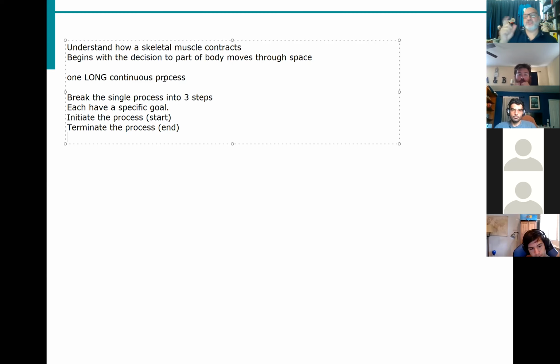One of the ways that we can show that understanding is by understanding what happens when we modify the process. What happens if we remove something or add some toxin or make some other change? And how will that change affect the normal process? So for each of these 3 steps, we are going to look at how to initiate it, how to terminate it, and how to modify it.